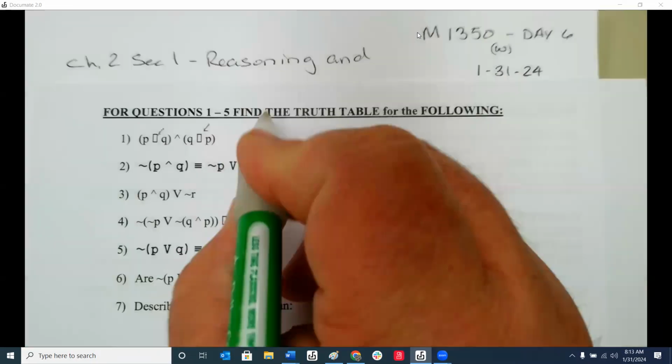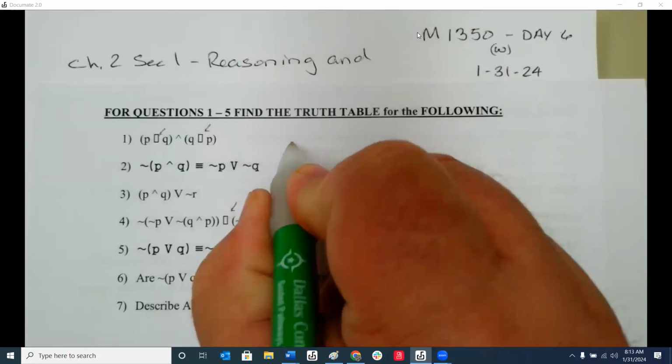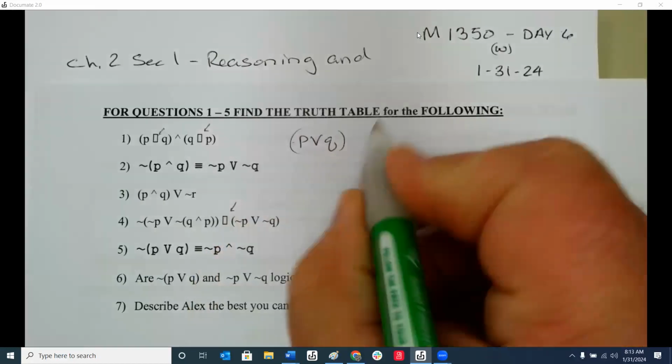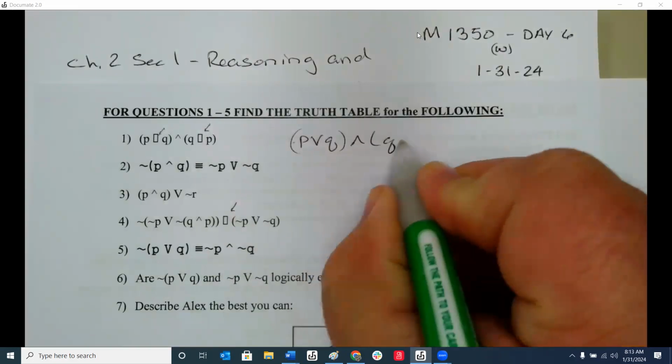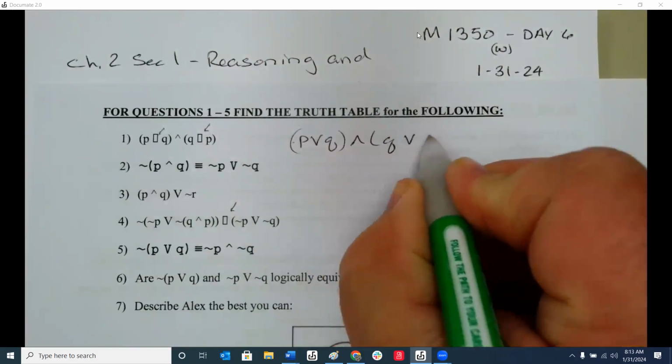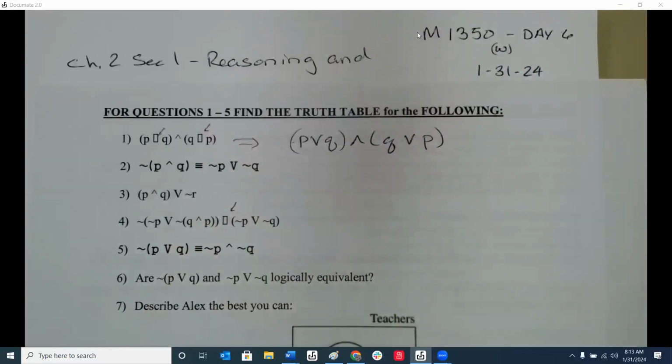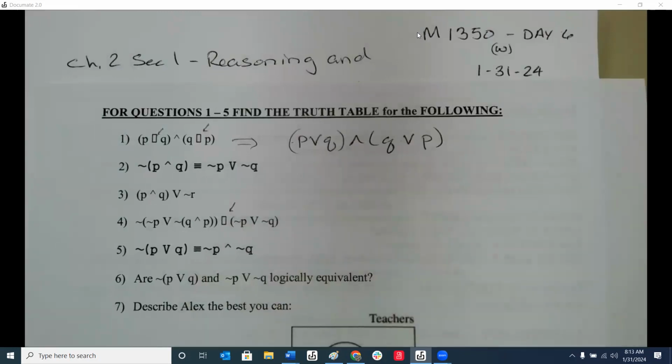So, for example, this one is P. That's how I think this one's supposed to state. What do you think that means?